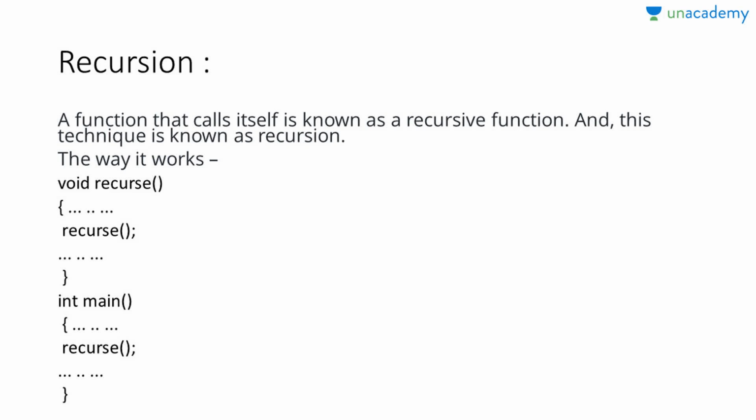That is called recursion. If you look at the example, you have a function called recurse, and inside it you have the function recurse again. So when you call recurse, the function is calling itself, and in int main you have recurse.